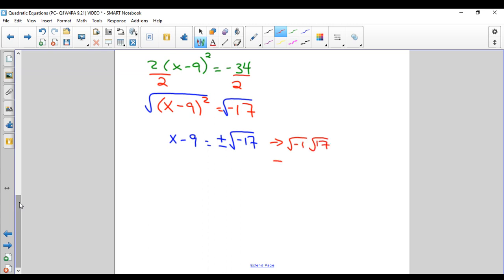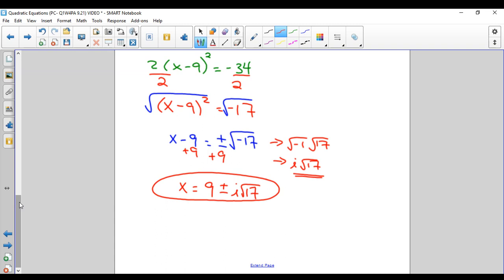So that would become i times the radical 17. And I add 9 to both sides. x equals 9 plus or minus still i radical 17. And there's our solution. So I threw in a bunch of complex solutions in there to kind of get a good look at them since it's been a while with that portion.